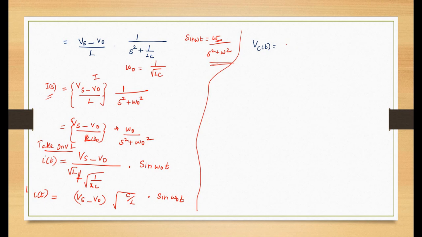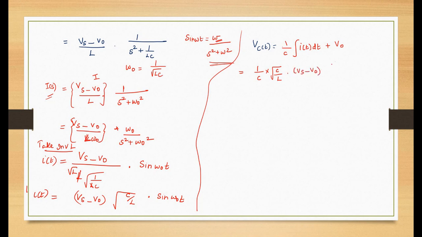Vc of t equal to 1 by C integral I of t into dt plus already existing initial voltage V0. Vc of t is 1 by C into square root of C by L into Vs minus V0.